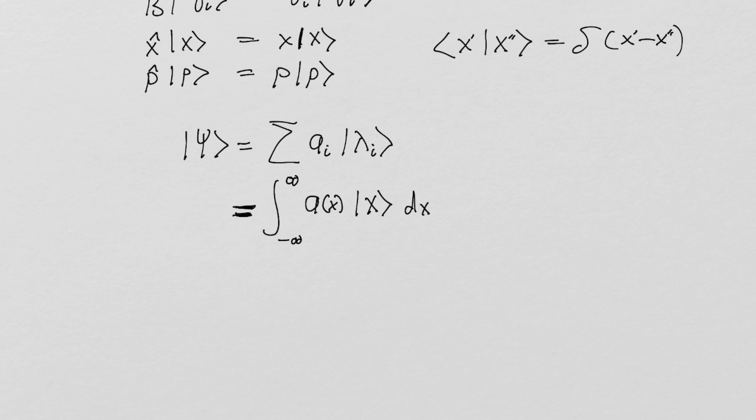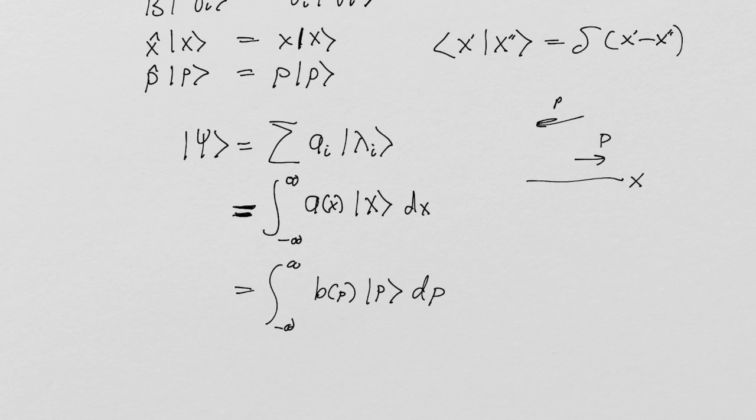But this would be true for any continuous observable at all. For example, it would be minus infinity to infinity of b of p, for all the momentum states integrated over every possible momentum. I'm considering only motion in one line. So p can be positive, p could be negative, x could be positive or x could be negative, right?